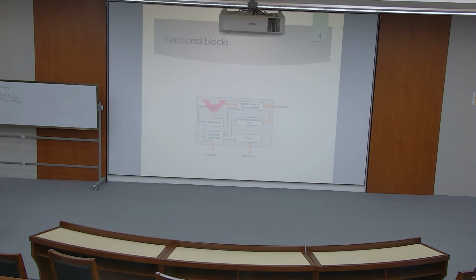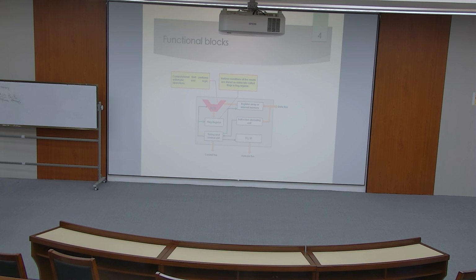Now, we're going to have a look at the functional block of a microprocessor. We have the arithmetic logic unit, which we talked about in the beginning. To remind you, this unit performs arithmetic and logic operations. After that, we have flag registers. We have many registers in our microprocessors.